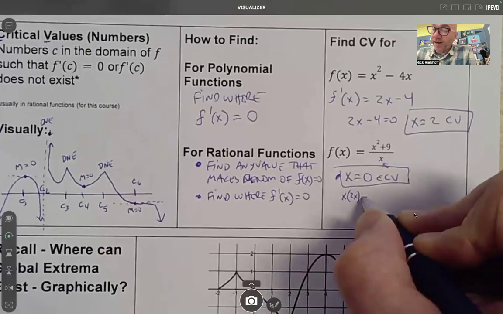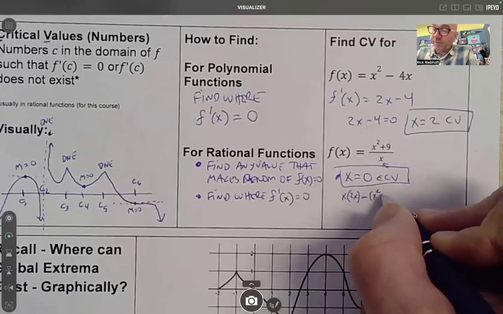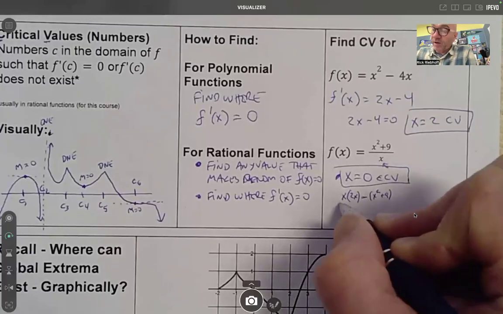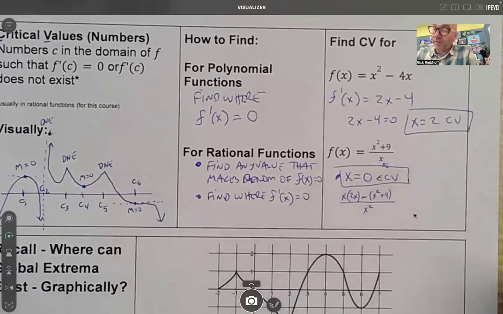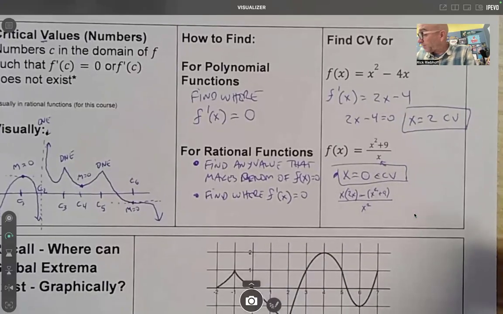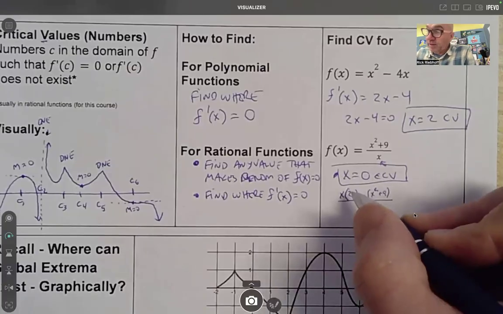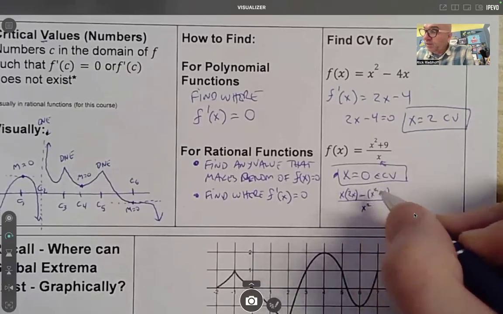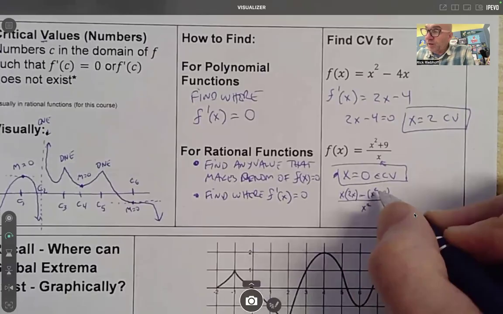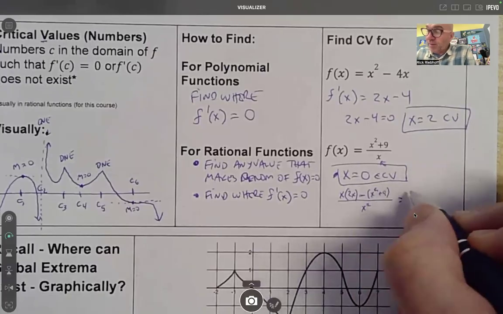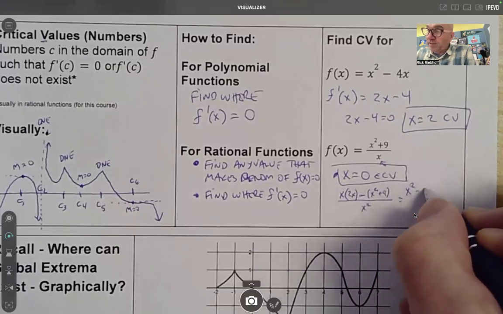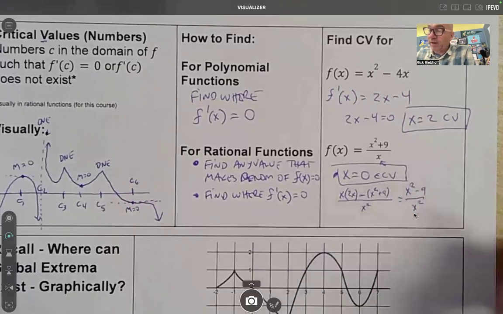So that's just going to be minus x squared plus 9 all over bottom squared. So I think I get 2x squared minus x squared minus 9. So on the top, I'm going to get x squared minus 9, and on the bottom, I get x squared.